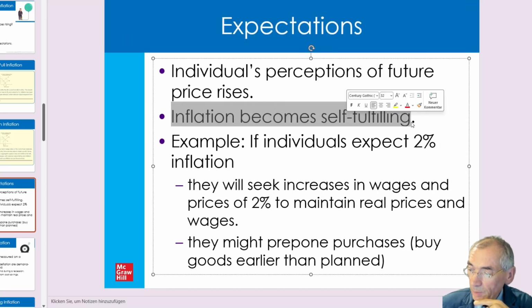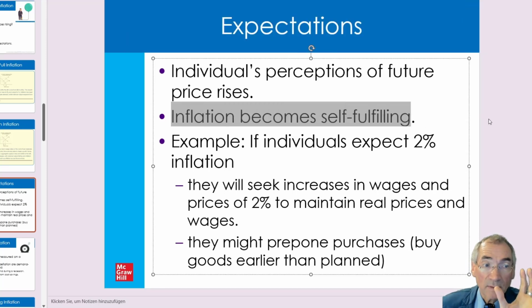If there was a newspaper article saying prices are going to increase, people beware, then without any economic reason, the prices are going to increase. Because, in the example here, individuals expect 2% inflation, they are going to demand increases in wages, and that will bring up the costs so that the firms at the end have to increase prices.